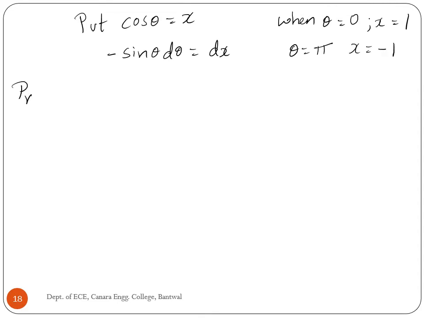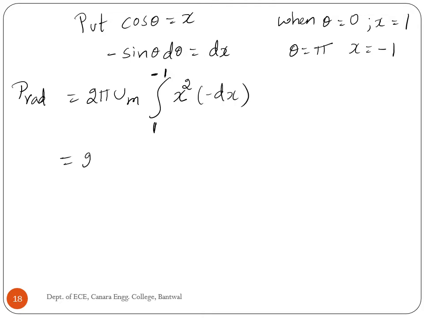Therefore, radiated power is equal to 2 pi Um, limit 1 to minus 1, cos square is x square, minus dx.